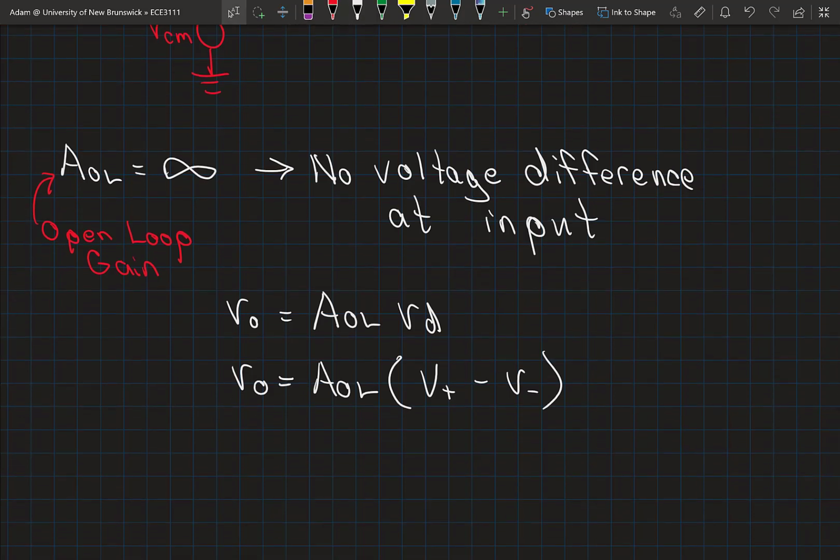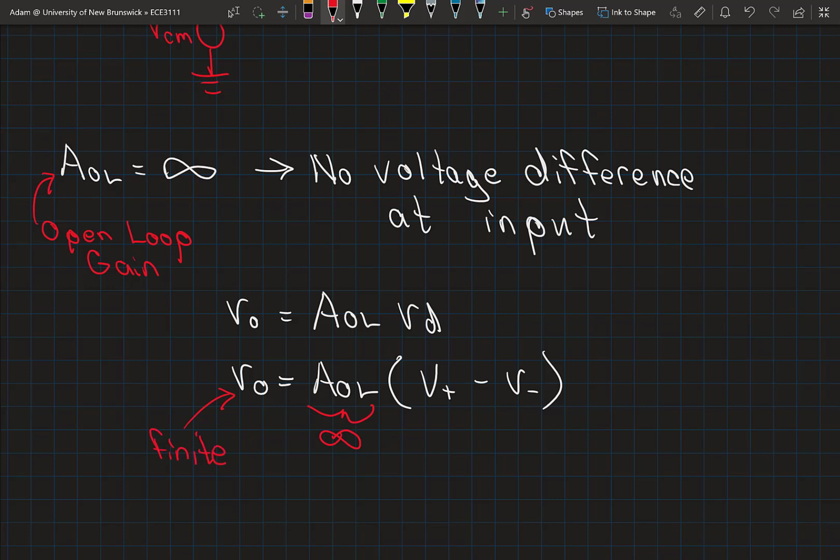So if this open loop value is infinite and I desire an output that's finite, that's not infinite, right?